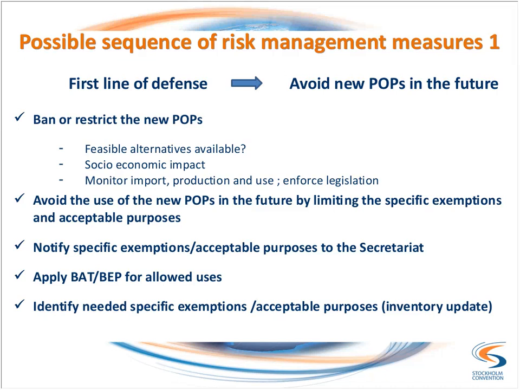The other thing is to avoid the use of the new POPs in the future through the specific exemptions and acceptable purposes. So you go through them and you see, for example, endosulfan, we are using endosulfan for coffee for this pest. Are we still needing that? If not, then consider limiting the specific exemption within your borders.